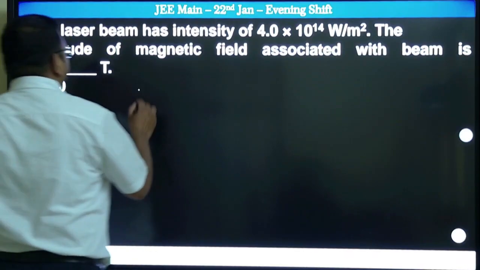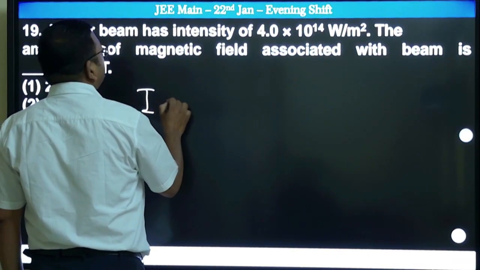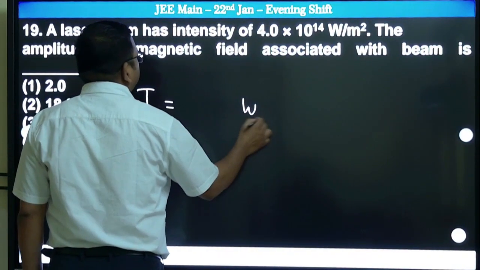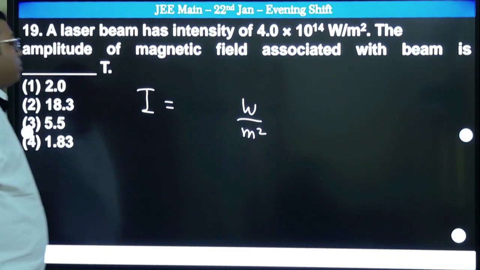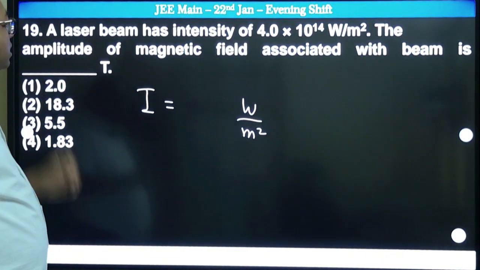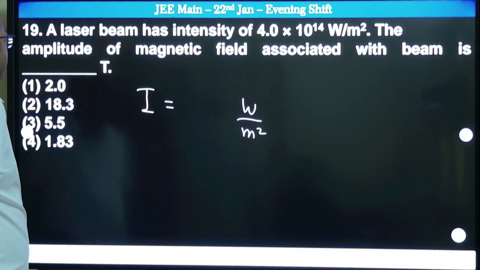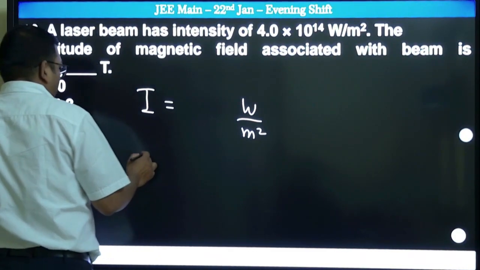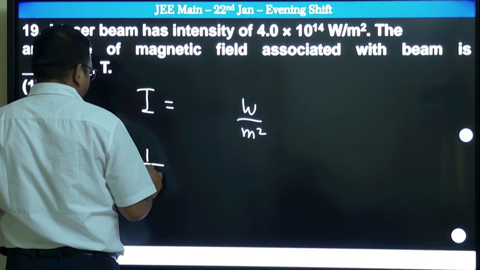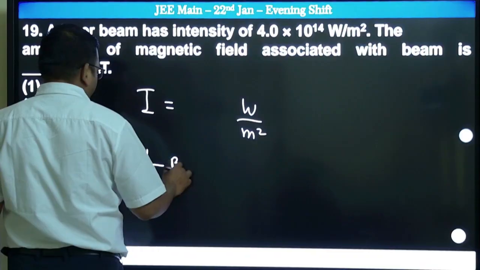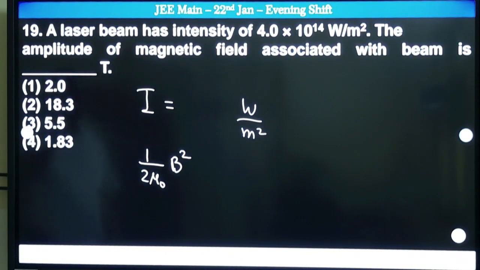Intensity is given in watt per meter square, but we have the formula for energy density, one by two mu naught into B square. This is related to intensity and energy density.